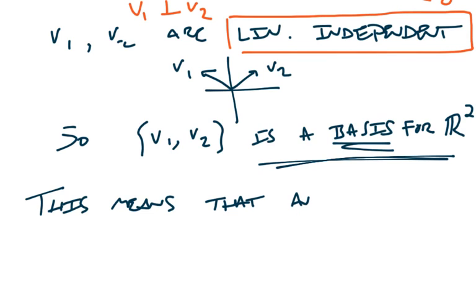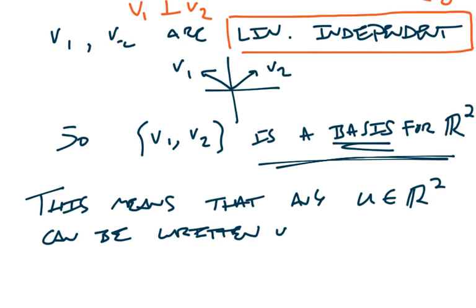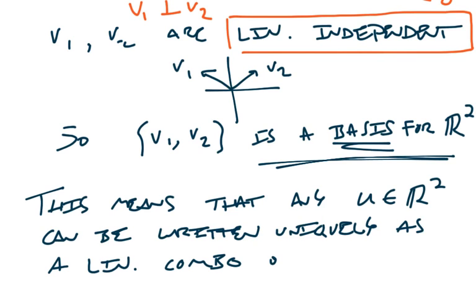This means that any u in R2, any two-dimensional vector in R2, can be written uniquely as a linear combination of the basis vectors, which are the eigenvectors v1 and v2.